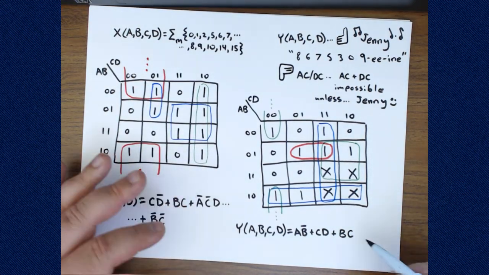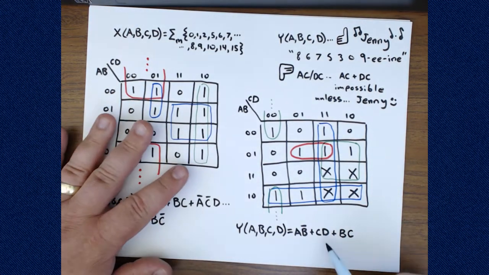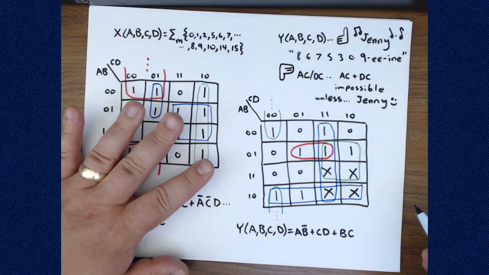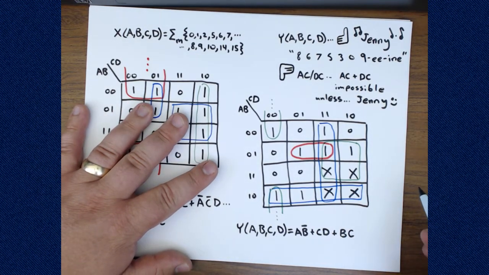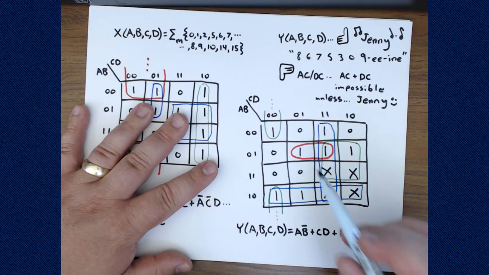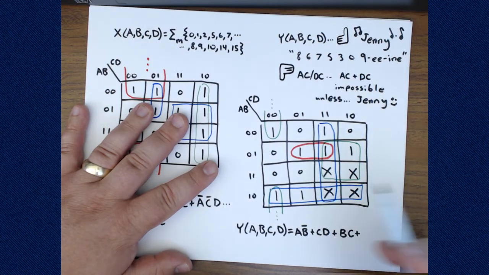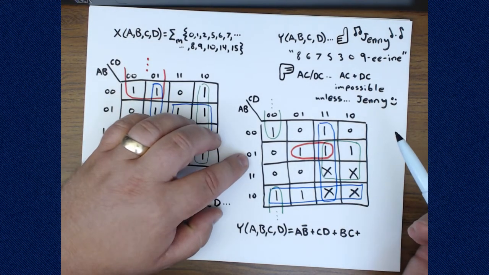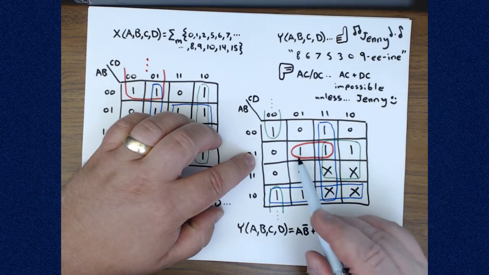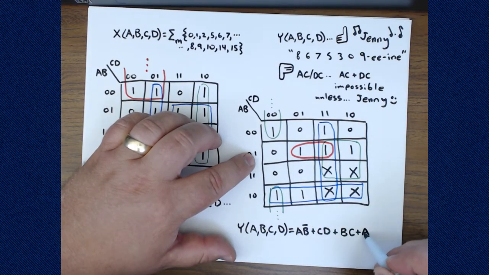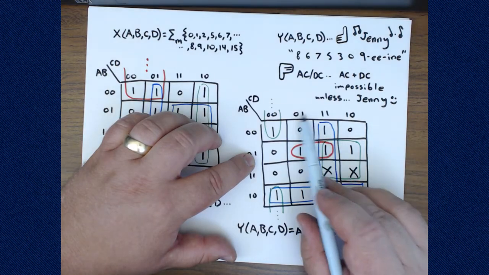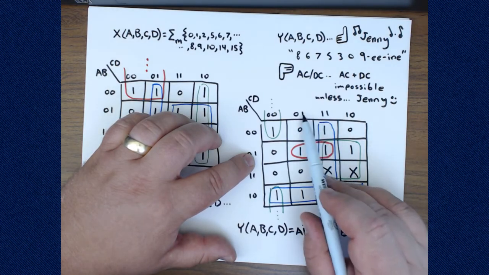Remember, the inversion bar indicates a 0. No inversion bar indicates a 1. Let's see. 1, 2, 3. We need the red one. This red one is A is a 0 and B is a 1. A is a 0. B is a 1. C is 0 or 1, so C doesn't matter. But D needs to be 1.